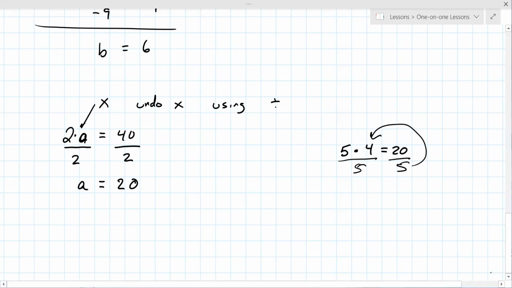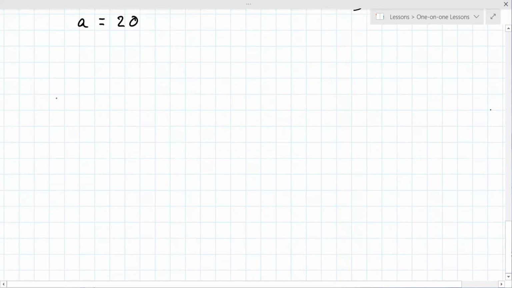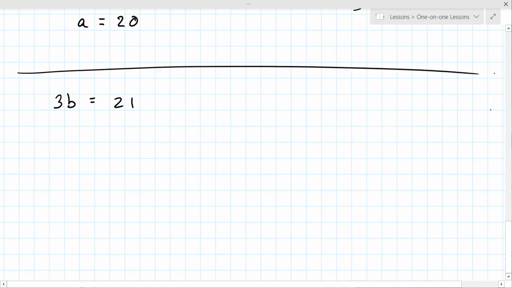Okay, let's try another one here: 3b equals 21. Whenever you see a number and a letter squeezed against each other, they're multiplying.